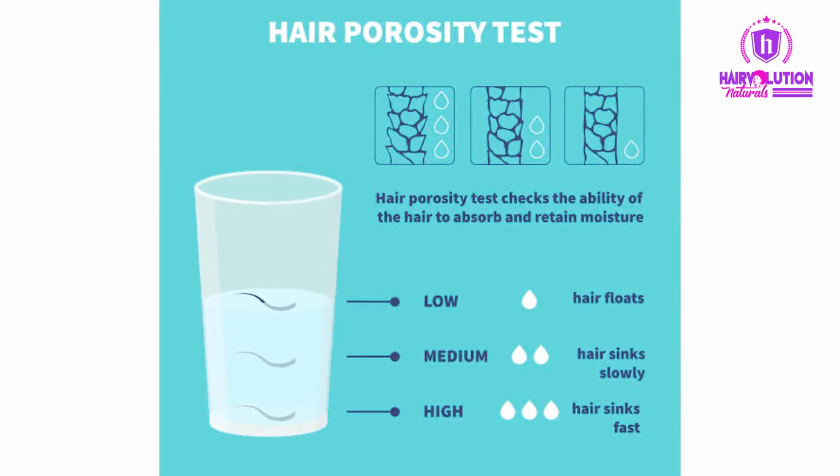Those people where if you just put any product or put water in your hair, immediately it's moisturized. And if you put a deep conditioner or a leave-in conditioner or any other kind of moisturizing product on your hair, it takes almost immediately. Your hair is high porosity.